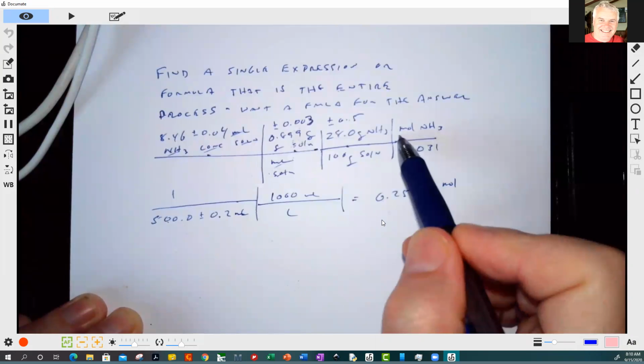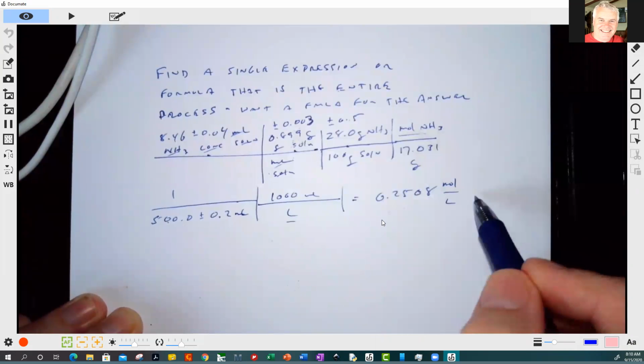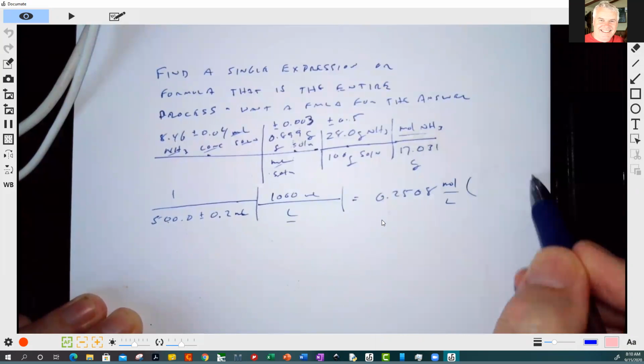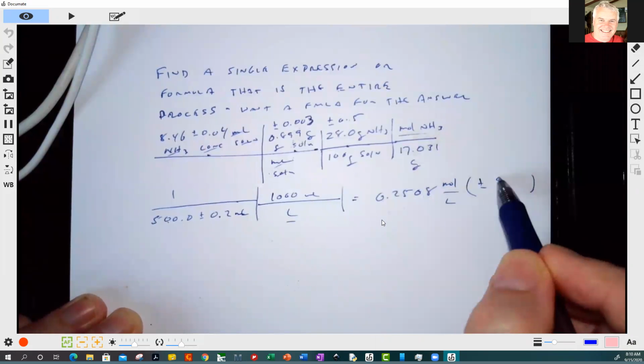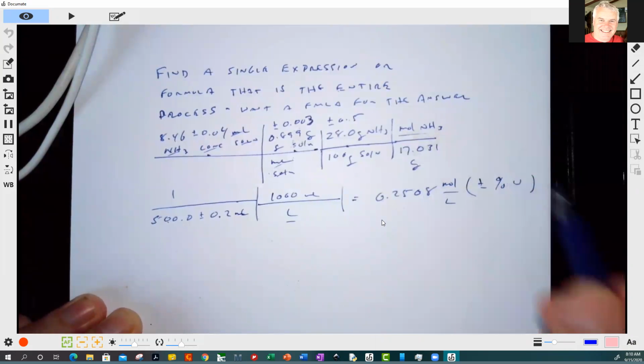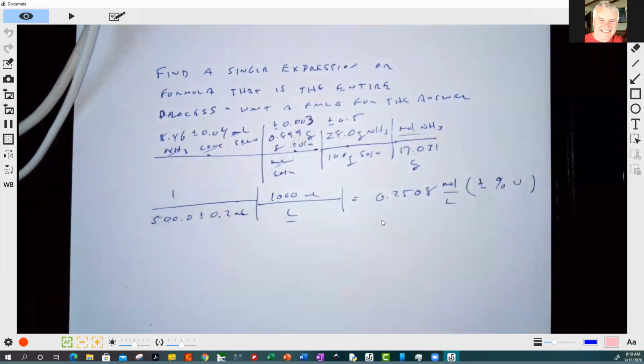Now the only question that we have left is, what is the uncertainty in this answer? Right? So we have to fall back onto our rules at this point.